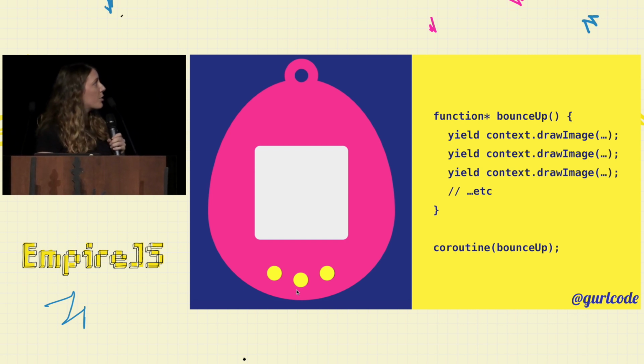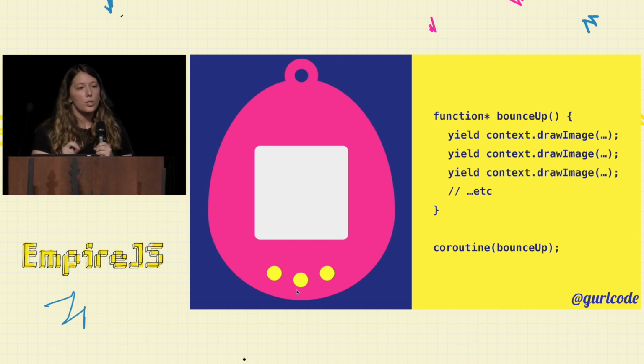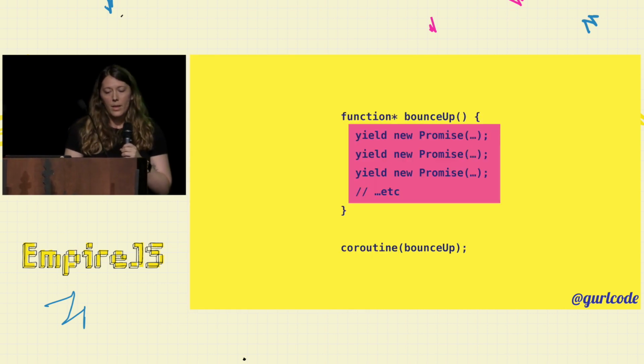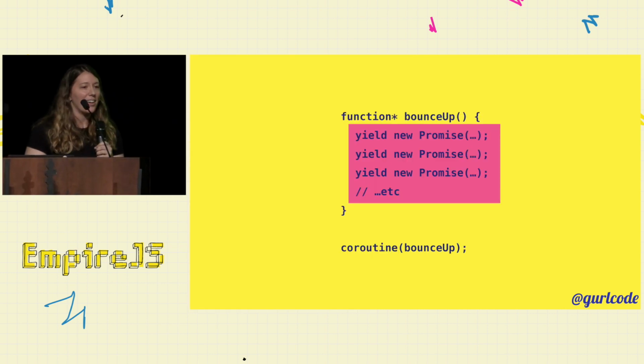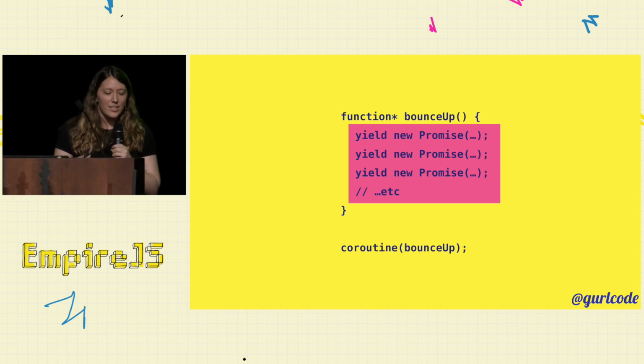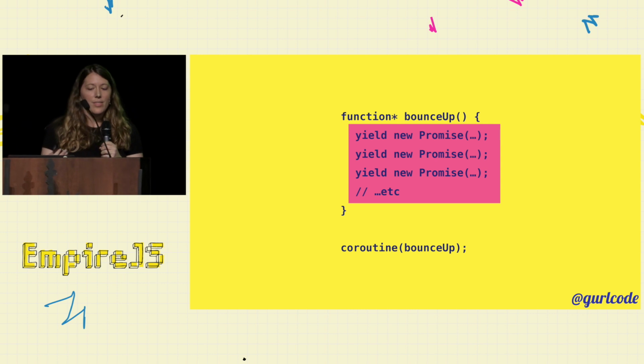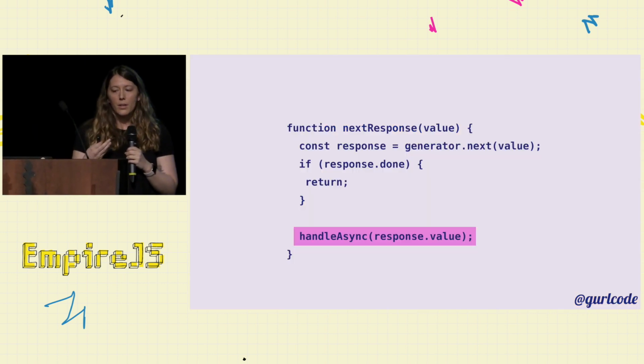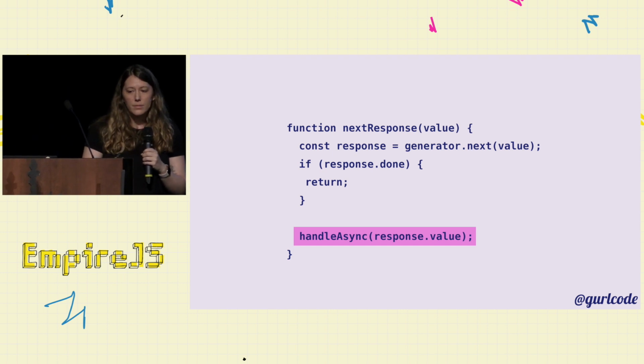But this code suffers from the same problem I had earlier. The code runs too fast. I still need set timeout, and I still need promises. But my generator doesn't care if I'm using promises, so it's not going to wait for each individual promise to resolve and then resume itself. It can't resume itself, but a cooperative partner could.